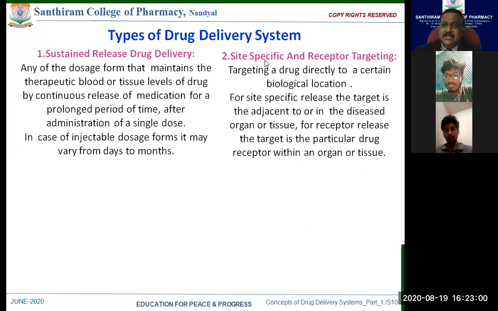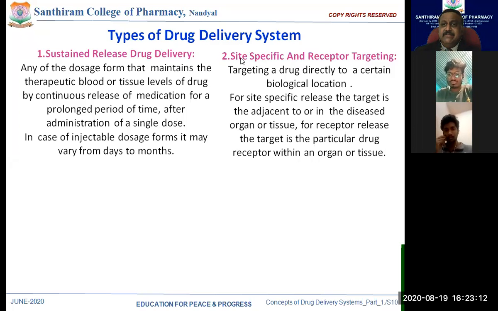Again, by looking at the name itself, you can understand they are specific towards one site. Site means site of action, or the targeting site which is desirable for its action, or the site at which it is targeted is called the site of targeting, right?